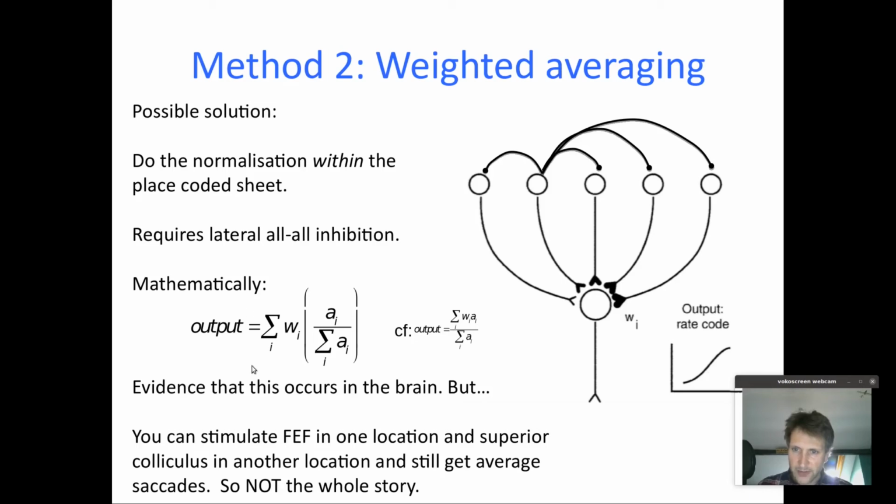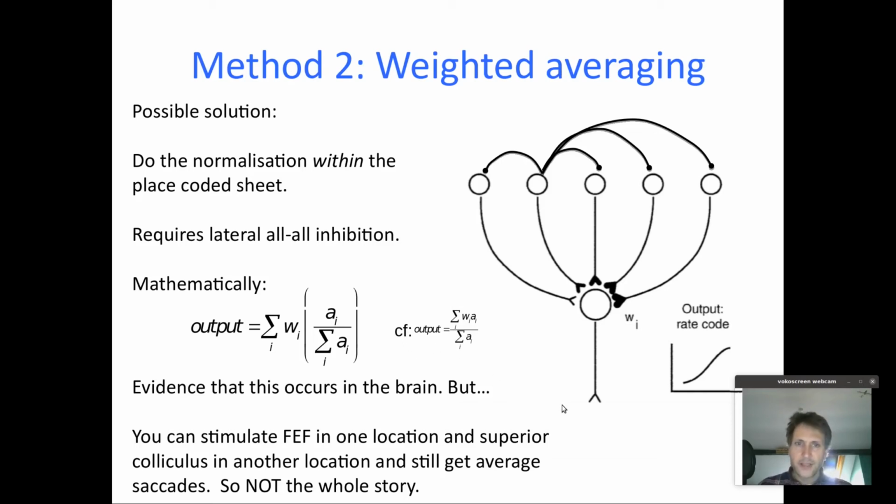Mathematically it achieves this, where it divides the activity by the sum of the activities of the other neurons before summing up and multiplying by the weights in the connections. So you can compare it with the regular weighted averaging equation here, which you saw a few slides earlier.